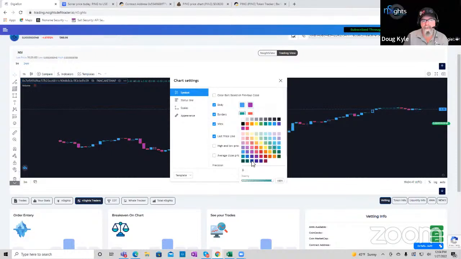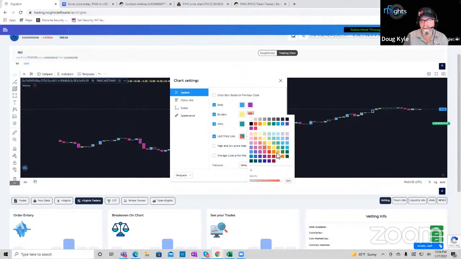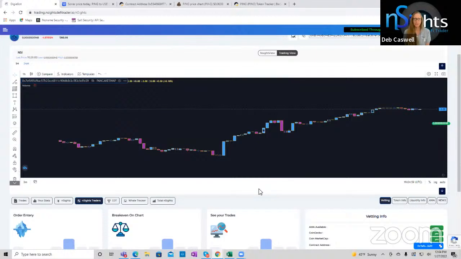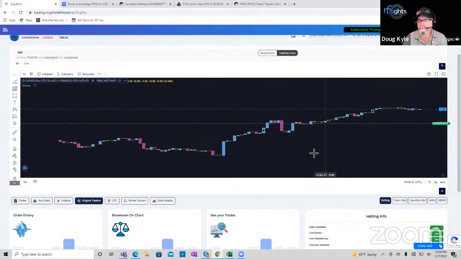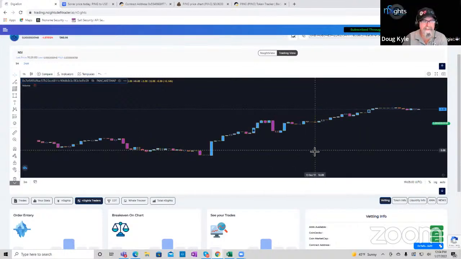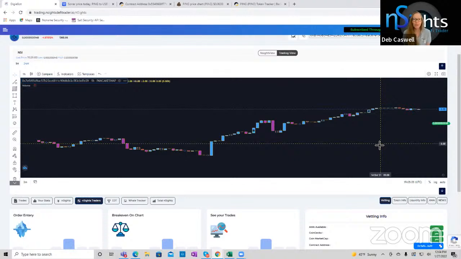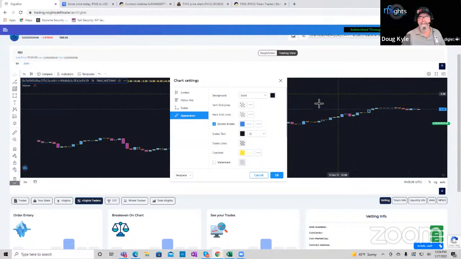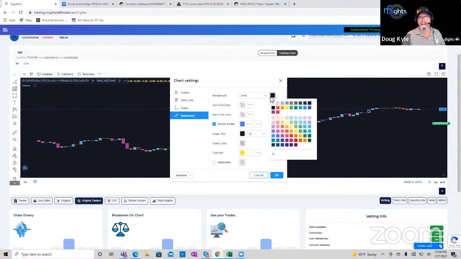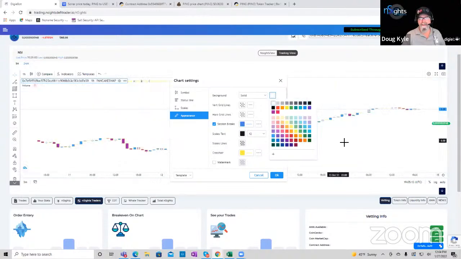Let's go with borders here, a yellow on the blue, and change the red border. Let's just change the color. Isn't that fun? If a big red down candle bothers you, change the color. Make it whatever you want. Go back to white here.